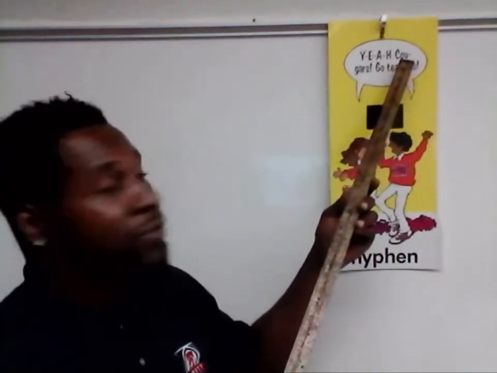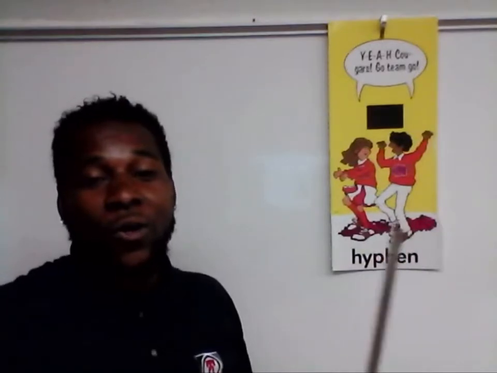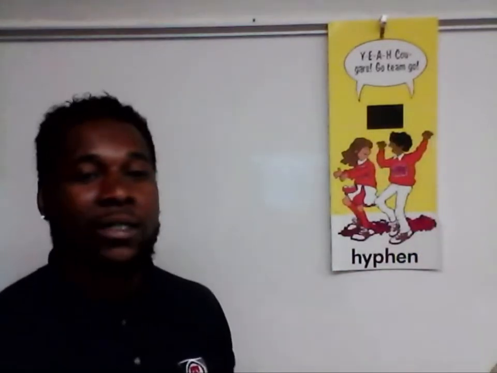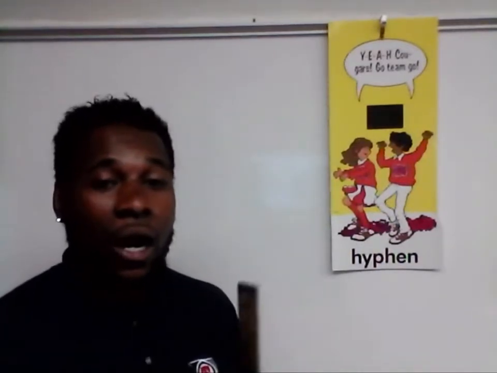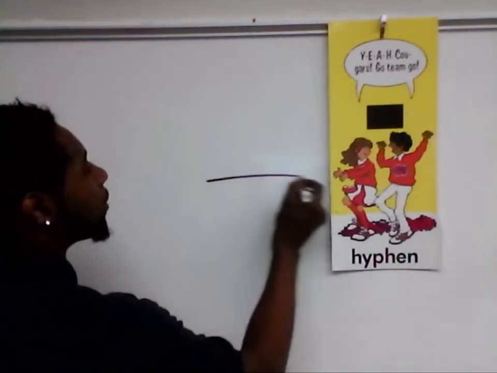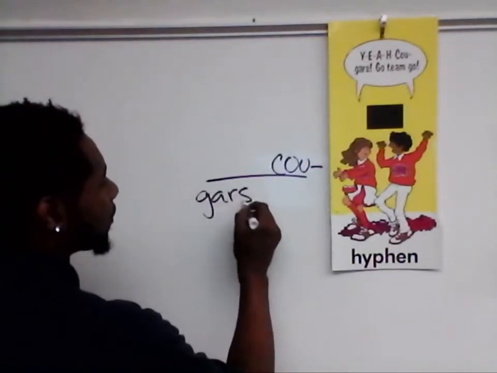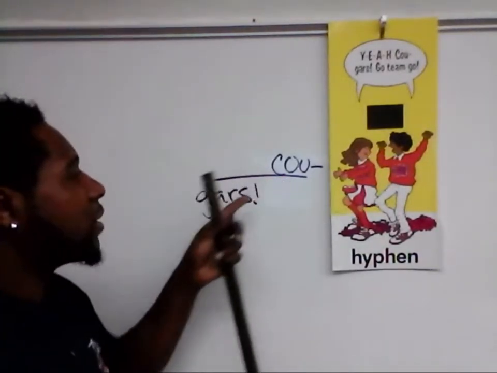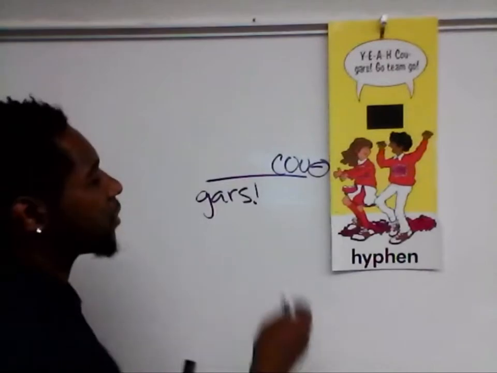There's no word for coup. There is no word for guards. There is a word called cougars, but sometimes when we're writing, we don't have enough space to finish. So you can add a hyphen to let the reader know, even though this word has been separated, we know because of this hyphen that things are associated.